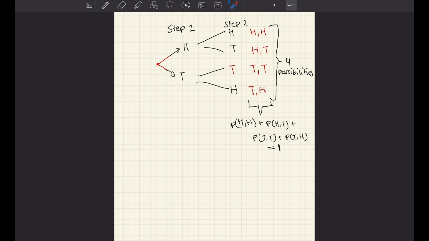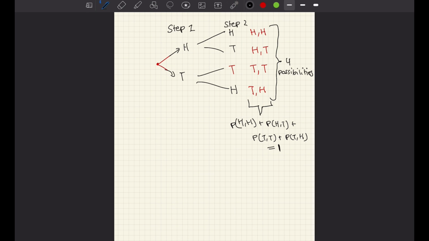Now, that's the case for all of these. So each one of these events is equally likely to occur, and they all add up to 1.